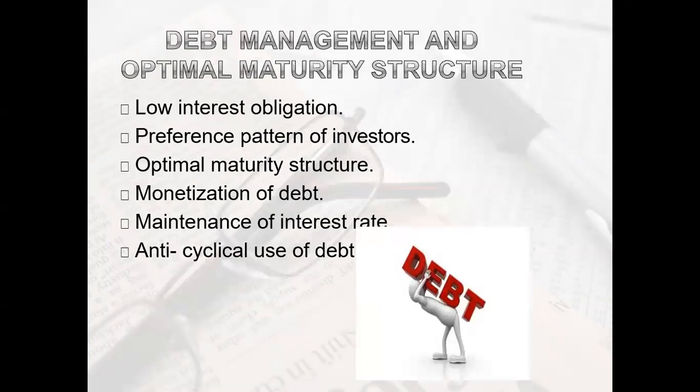Debt management and the optimal maturity structure. The optimal maturity structure has low interest obligations, then preference patterns of investors, monetization of debt, maintenance of interest rate, and cyclical use of debt.